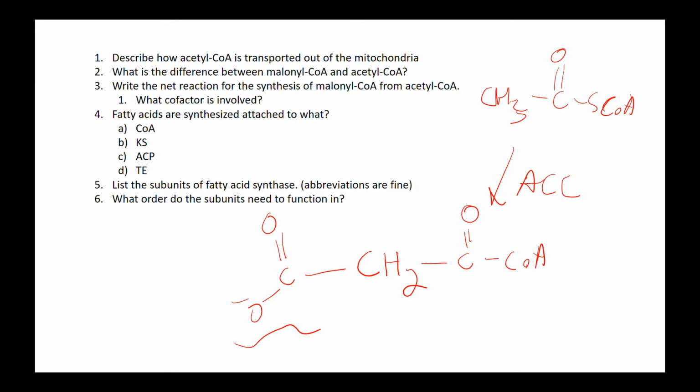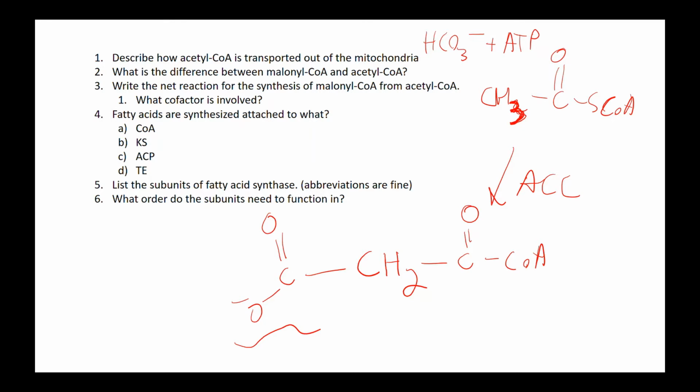Now, acetyl-CoA carboxylase does its carboxylase reaction the exact same way other carboxylase enzymes we've seen before work, like pyruvate carboxylase, for instance. How did it work? It took bicarbonate and energy from ATP in order to do the carboxylase reaction.